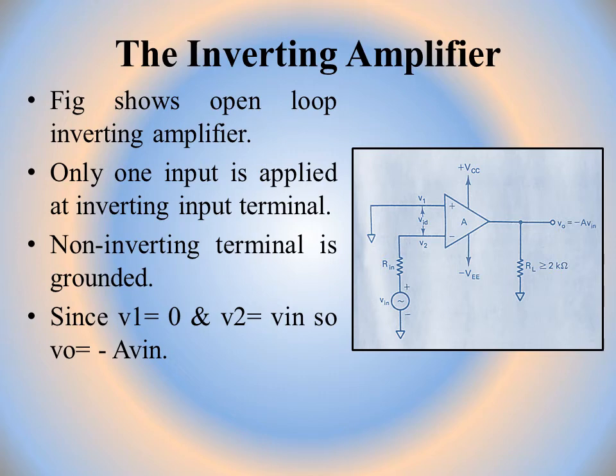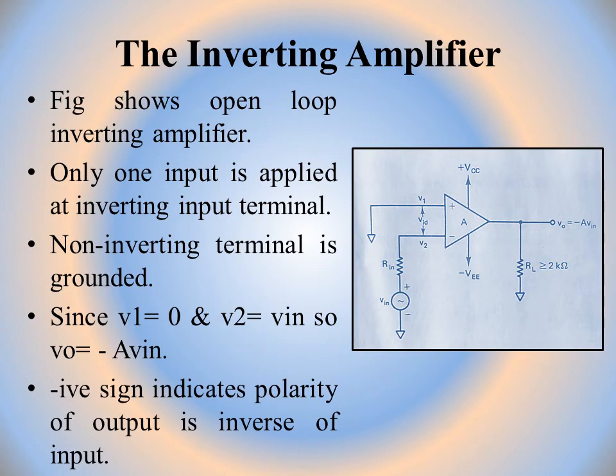So we get a minus sign. The negative sign indicates the polarity of output is inverse of input. Hence, it is given the name inverting amplifier. For a positive going signal, we will get a negative going output voltage, and the output signal is amplified. Of course, it will be amplified.